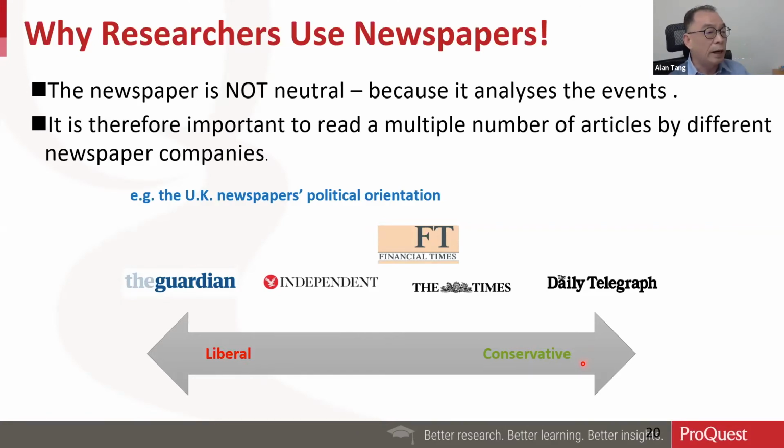So even when writing about the same event, they may have a different view. As a researcher, I recommend that we read multiple articles from different newspapers, even in the same region. Of course, if you can also read news from other regions, it will be even better.